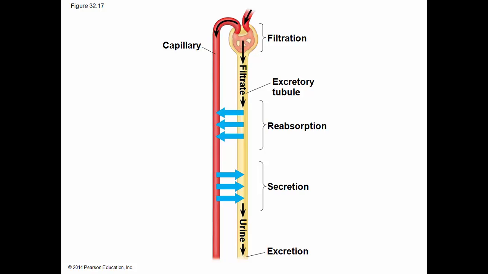Reabsorption is when the transport epithelium reclaims valuable substances from the filtrate and returns them to the body fluids. Secretion is when other substances such as toxins and excess ions are extracted from the body fluids and added to the contents of the excretory tubule. Excretion is the altered filtrate, the urine, which leaves the system and the body.